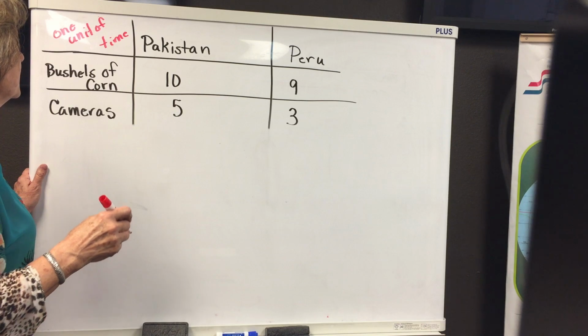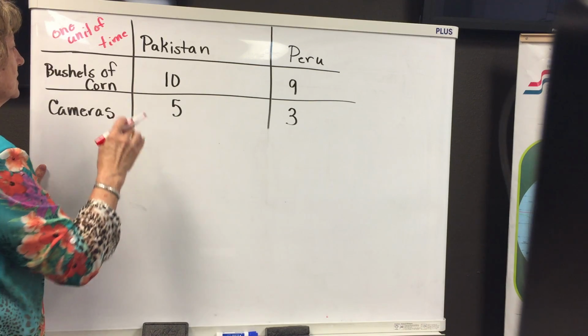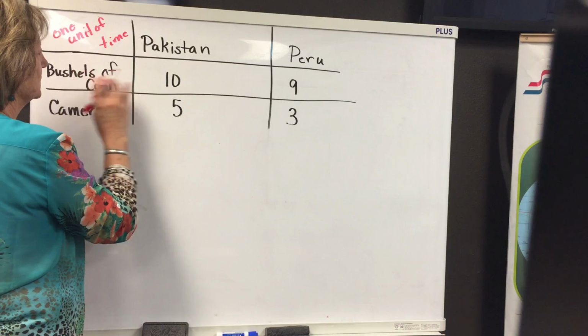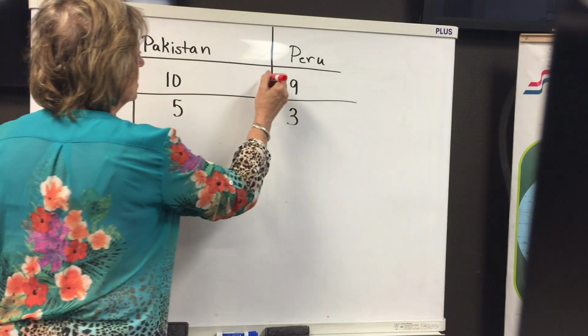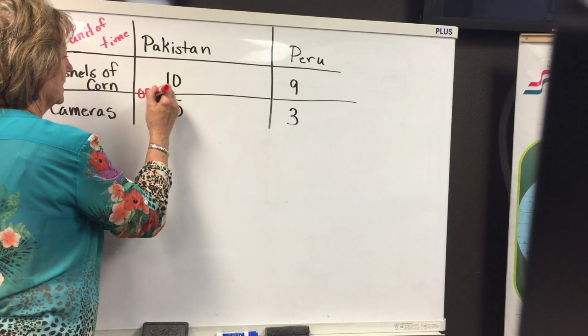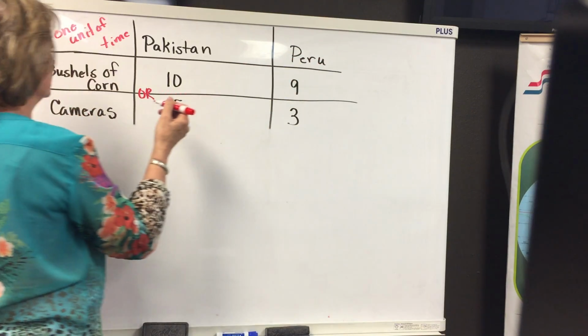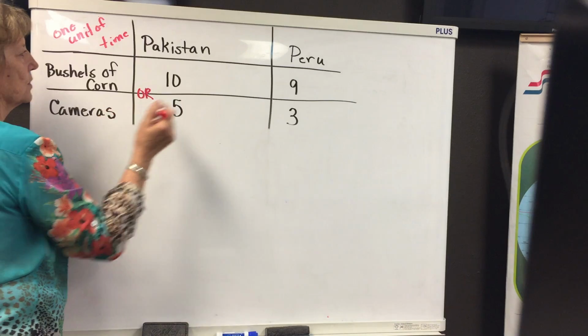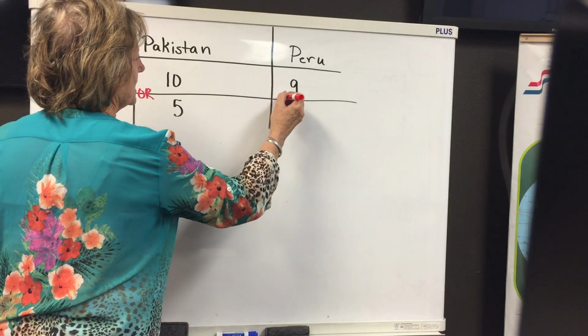And this is what they can produce. So Pakistan can produce 10 bushels of corn or 5 cameras. Peru can produce 9 bushels of corn or 3 cameras.